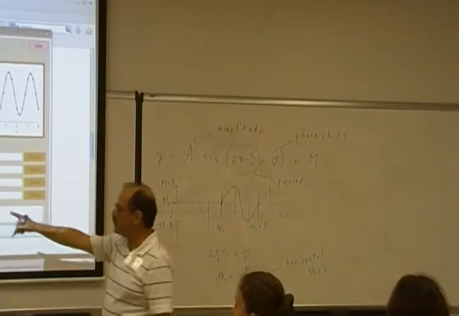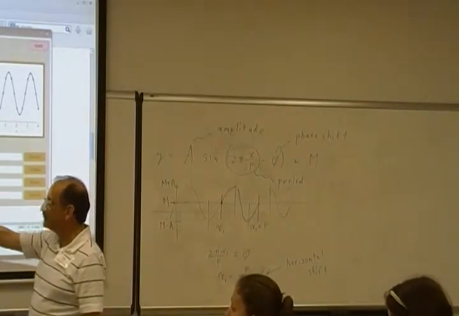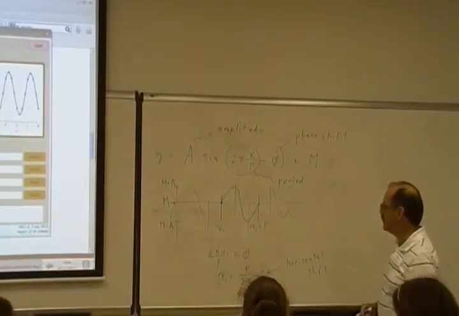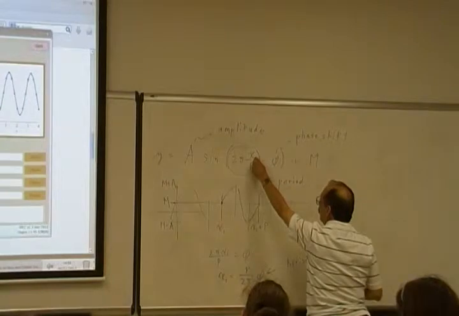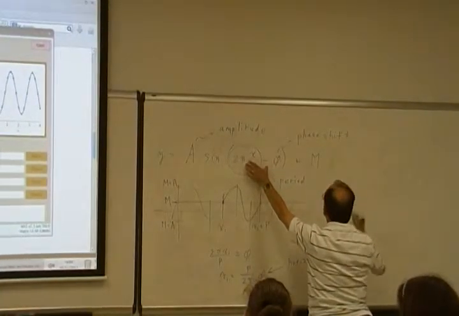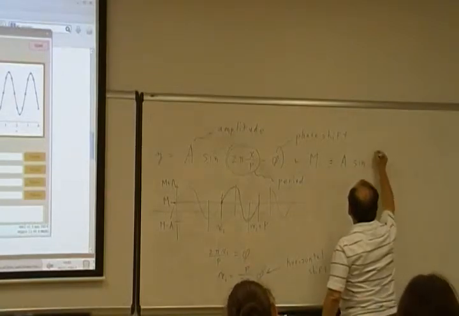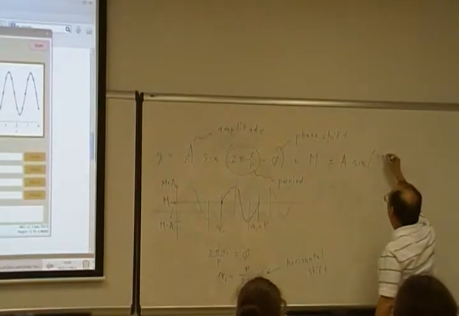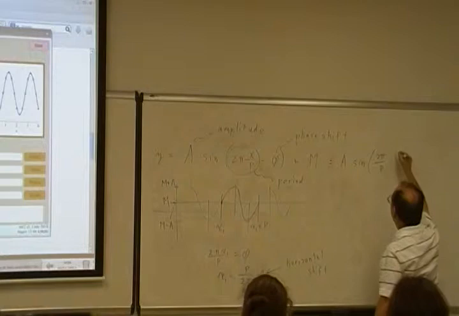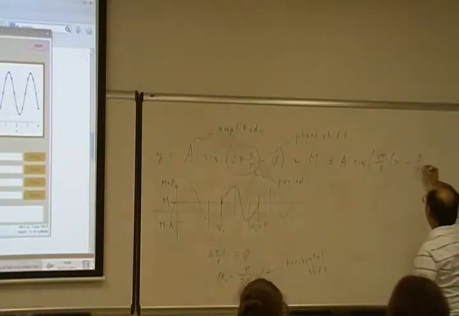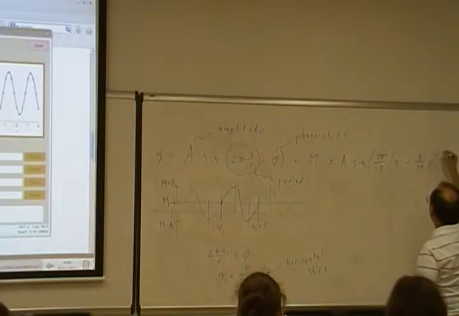Over there, when we talked about it, we replaced x by x minus a number. That number was the shift. Over here, we can do the same thing by factoring this out. It is a times the sine of 2 pi over p times x minus p over 2 pi times 5.